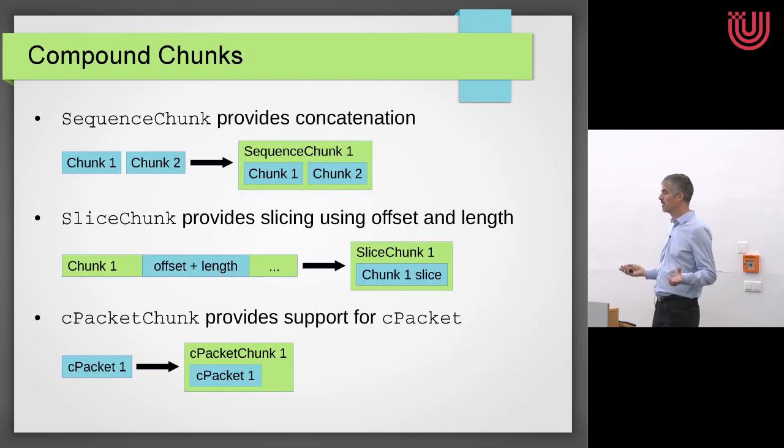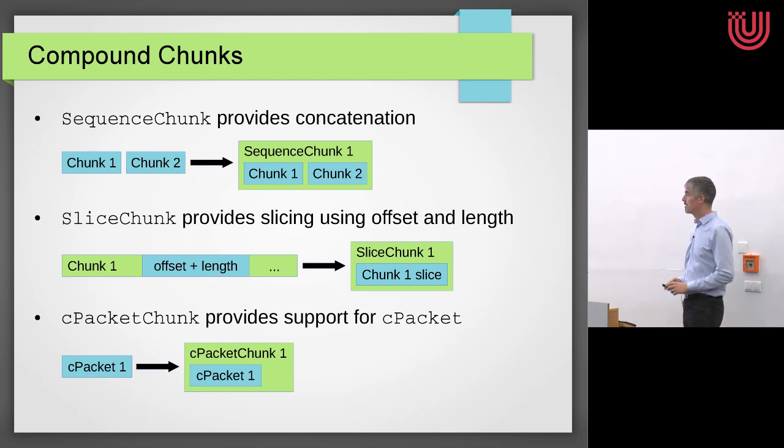And then, of course, we need compound chunks so that we can build bigger chunks from smaller ones. So we have this sequence chunk, which provides basically concatenation. You have chunk 1 and chunk 2, you wrap them into a sequence chunk, and then you have a concatenated one. And then we need a slice chunk, which provides slicing using offset and length. This is mostly used for fragmentation.